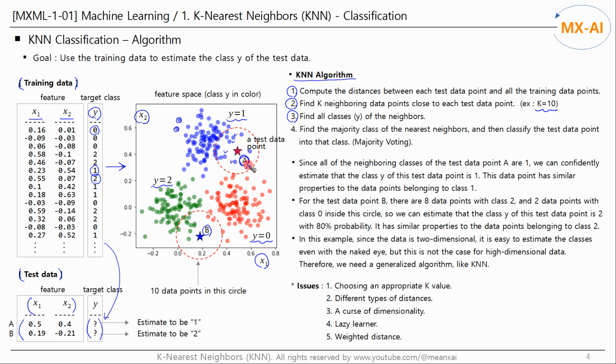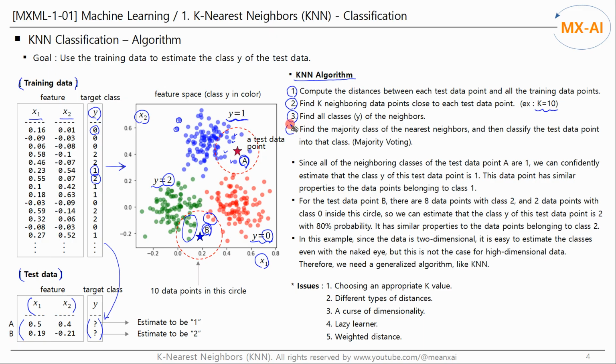For the test data point A, the classes of all the training data points within this circle are all 1. For the test data point B, this circle contains 8 data points with class 2 and 2 data points with class 0.